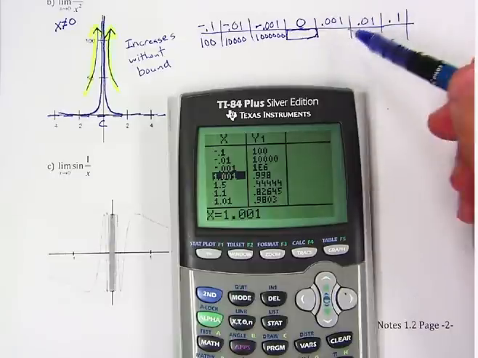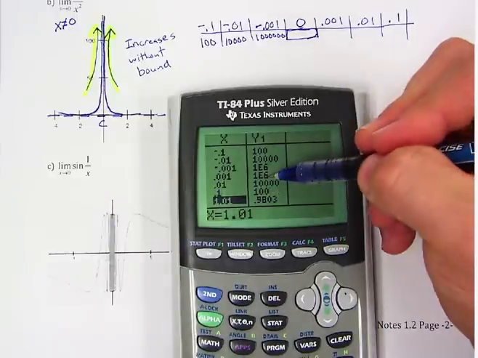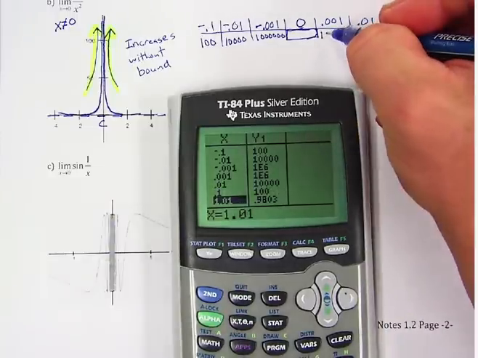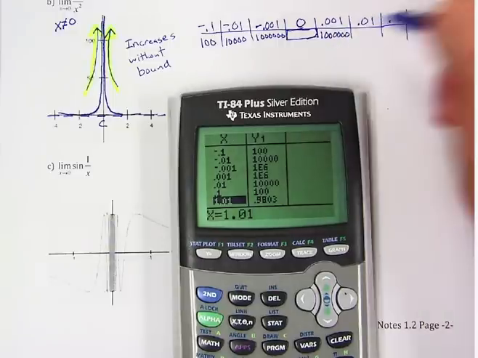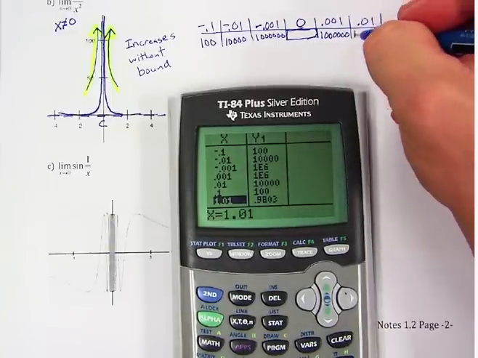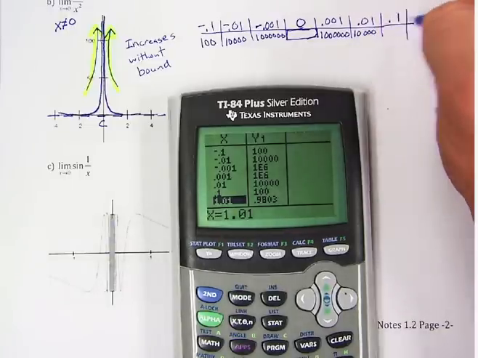Okay, we'll move on to the right side here. 0.001, 0.01, and 0.1. Now we get 1e6 again. So that's 1 with 6 zeros. 0.01 gives us 10,000. 0.1 gives us 100.